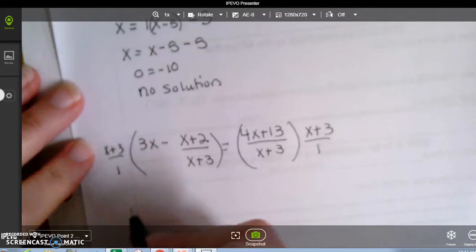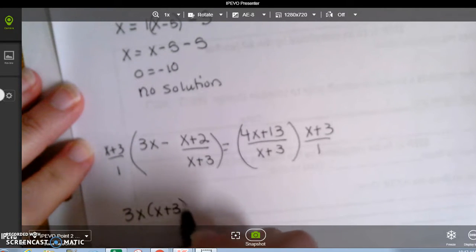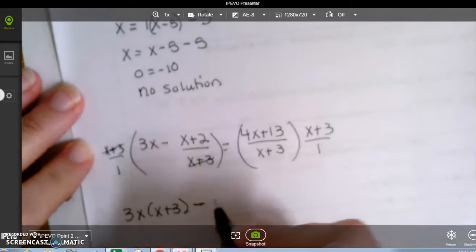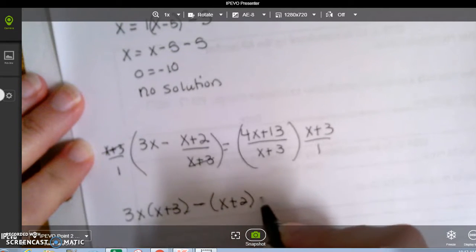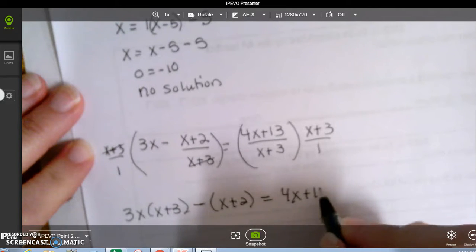And so then what happens is I end up with 3x times x plus 3 over 1 minus, the x plus 3's cancel out here, and I'm left with x plus 2. I've got to put my parentheses there. And then I end up with 4x plus 13 here.